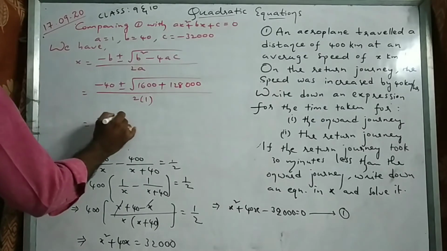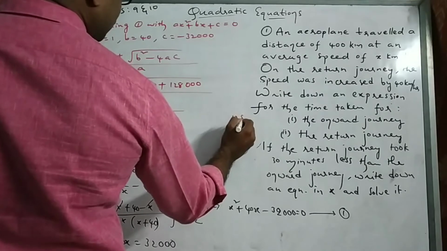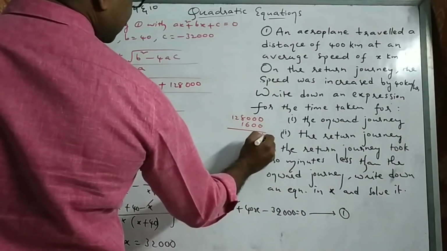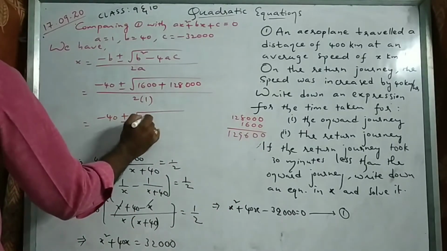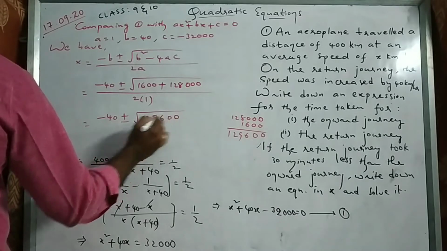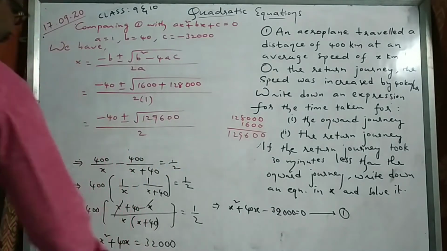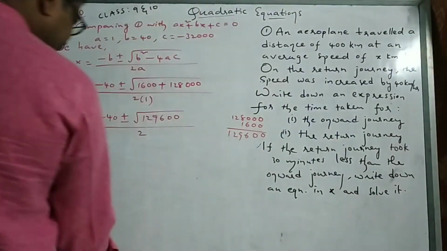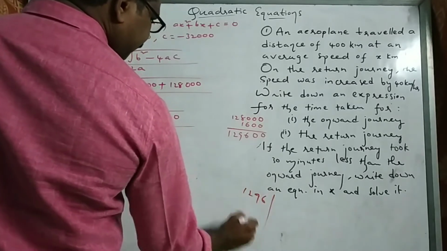So minus 40 plus or minus square root of 128,000 plus 1600, which is 129,600. If you know the square root of 1296, it is easy for you. We should find the square root of 1296. Simple.